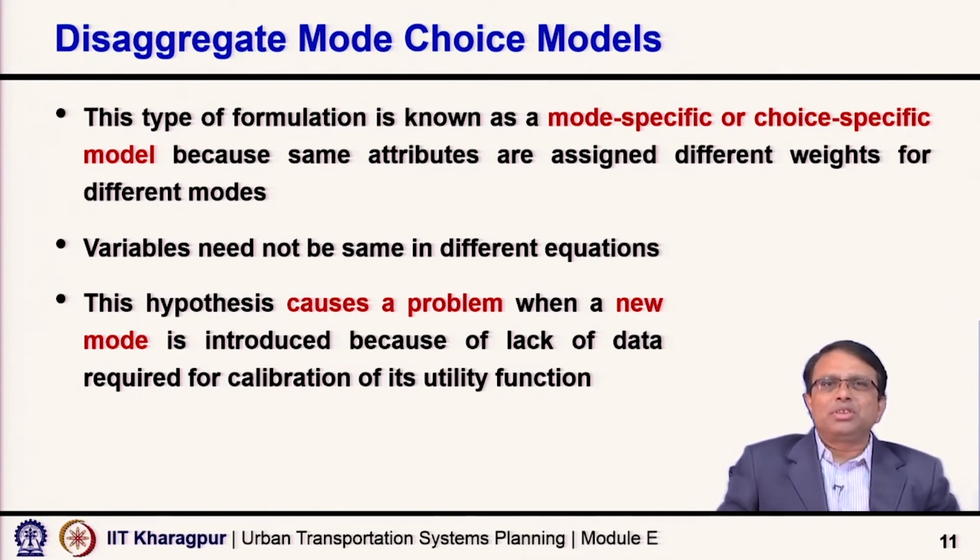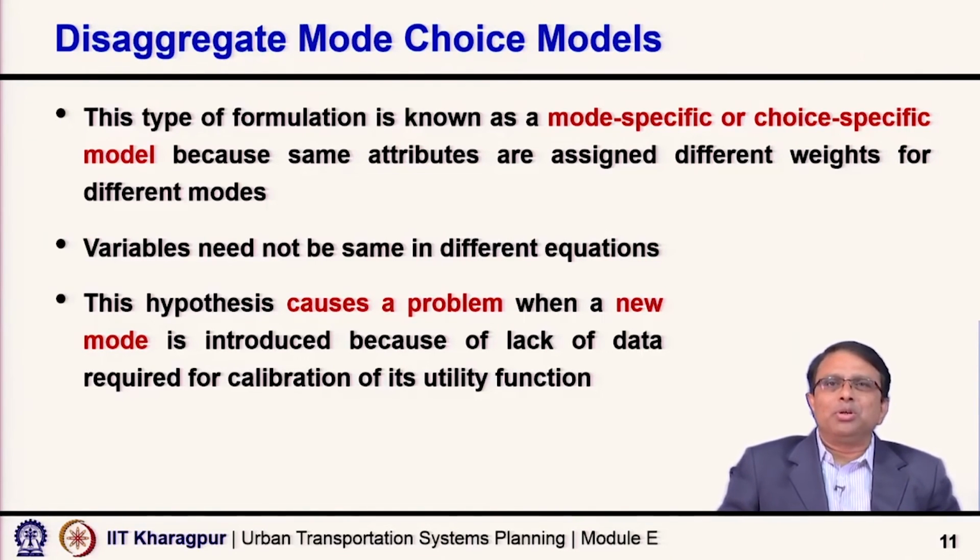Now, this hypothesis caused a problem when we try to introduce a new mode. Just imagine that in a city metro does not exist, but metro is a public transport mode, one of the modes like car, taxi, bus.